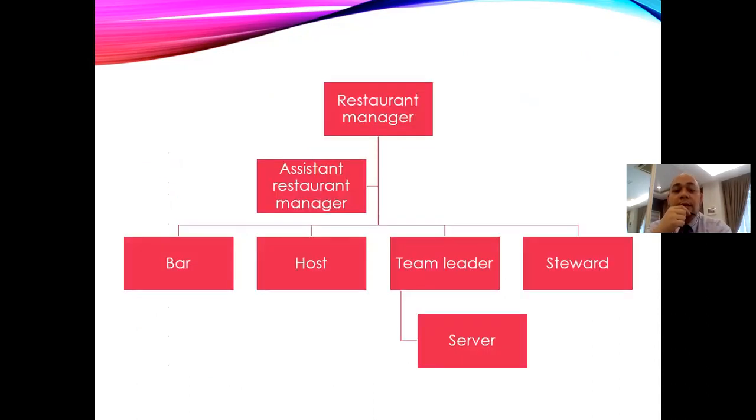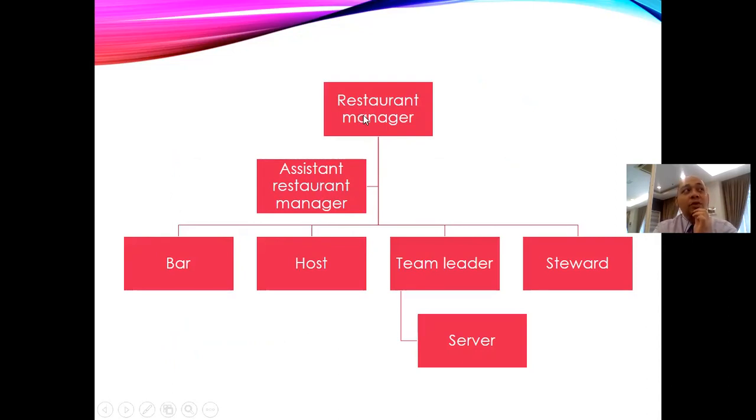So again, this is the position, the organization chart in this case. Why is it that the assistant restaurant manager needs to be inside here, not underneath the restaurant manager? Yes, it is true the assistant restaurant manager is under the restaurant manager, but the position for the ARM is at the side. Why is that?